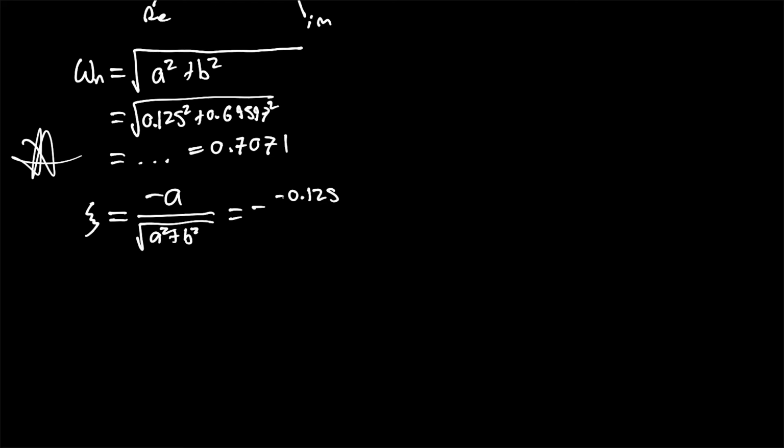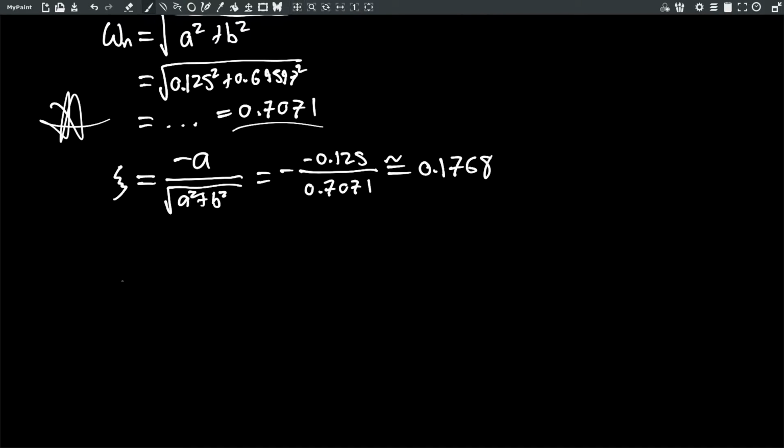You can see why I forgot the negative sign there, because it's going to cancel out anyway. Divided by the square root, well in this case we know what the answer is, it's omega n, because that's what this was defined as, so 0.7071, which is going to be approximately equal to 0.1768.